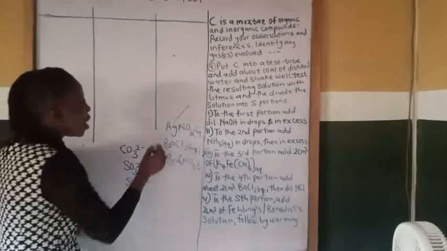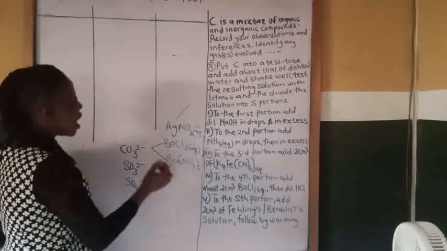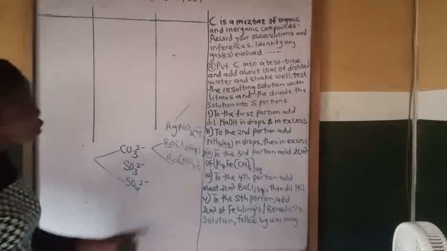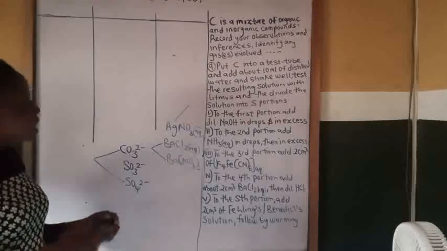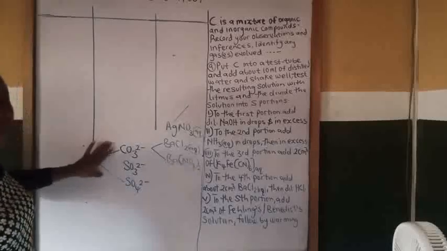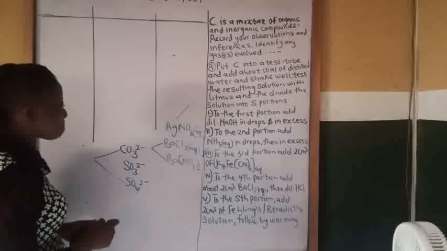While barium chloride and barium nitrate are always used to test for these three anions. Now, how can we differentiate them?